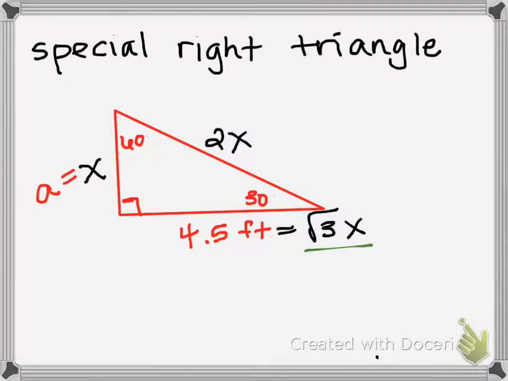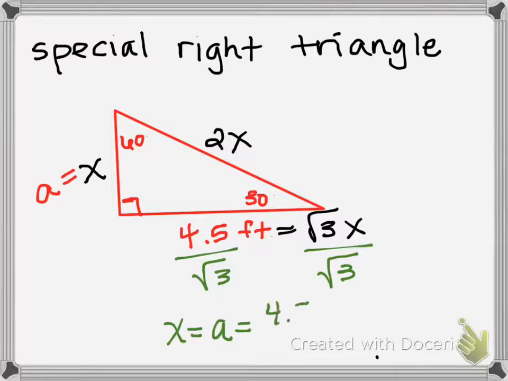To get x alone, I could just divide both sides by square root of 3. And I see that x, or my apothem A, since they're the same value, is 4.5 divided by square root of 3. I could, if I wanted, put this in the calculator and see what it is, but since I don't have a calculator nearby, that's how I'm going to leave it for now.